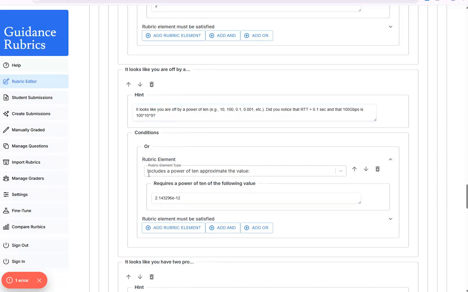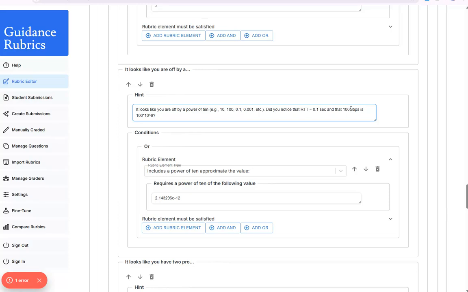Here we're asking, did they get a value which is the correct value, but off by a factor of 10, a power of 10? So maybe 10 times too big, 100 times too big, some power of 10. So we can use this query that will look for any kind of power of 10, and then the hint is given: looks like you're off by a power of 10. Maybe you didn't realize, or maybe you used the wrong unit someplace.